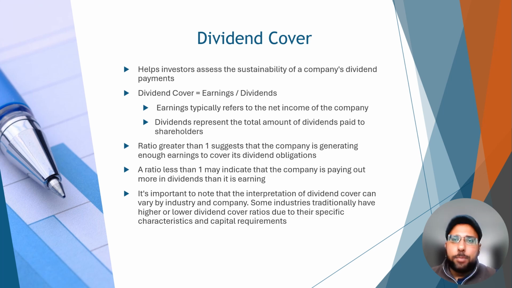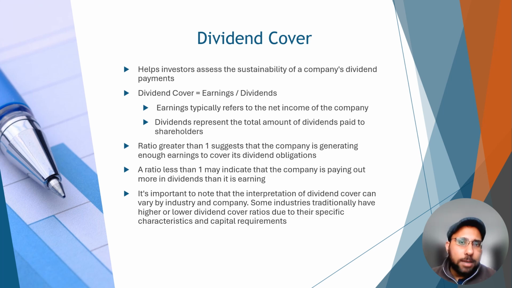A good example, a lot of growth companies will have very high dividend covers due to the fact they give little to no dividend. Okay, so they're able to cover that dividend many times over. But strong value companies, which offer very attractive dividends, their dividend cover is in the region of 1.5, because they are distributing so much of their profits, they can only cover it one time over. Okay, because they are distributing quite a lot.